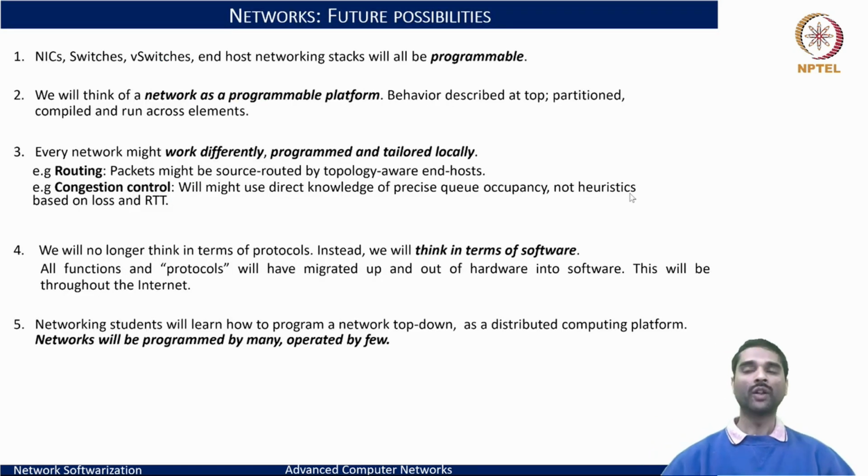So we may consider the future possibilities of networks being completely programmable and the network emerging as a programmable platform, in the sense that every end user would have the control to dictate and program the way the network is operated for them.